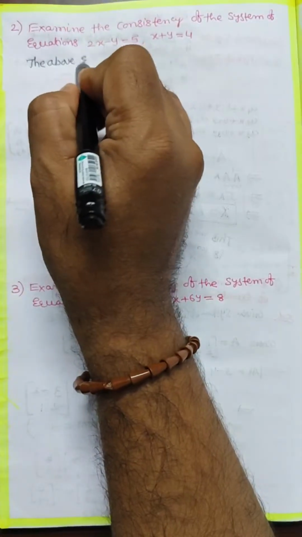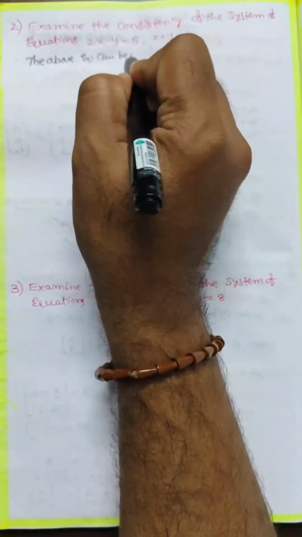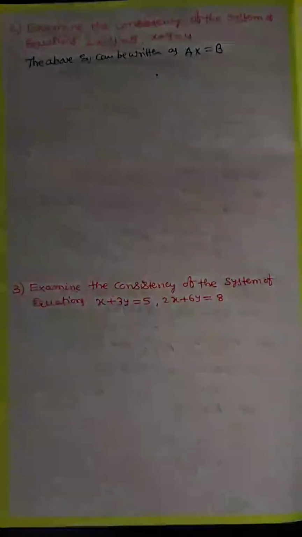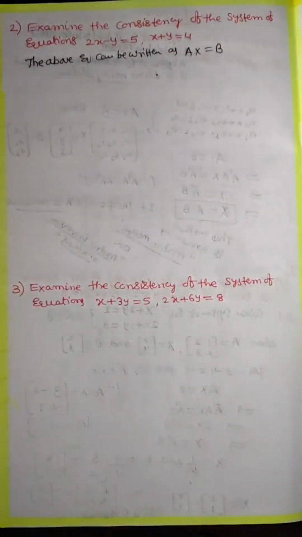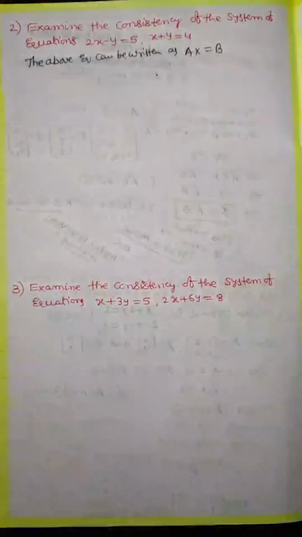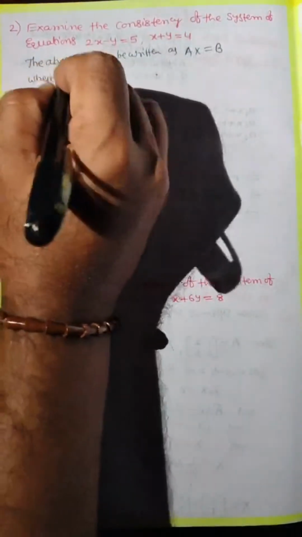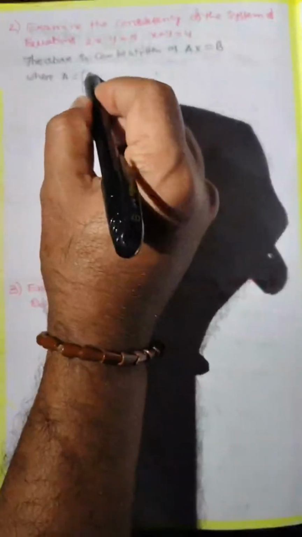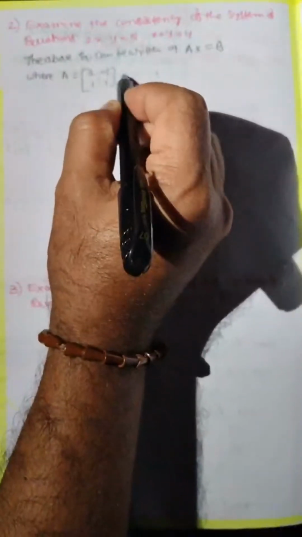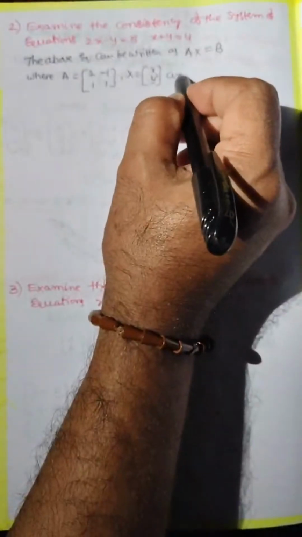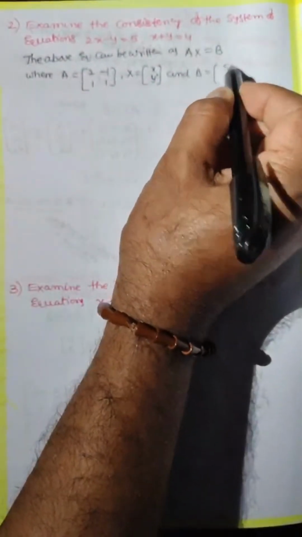The above equations can be written as AX is equal to B, where A is equal to [2, minus 1; 1, 1], X equal to solution matrix, that is [x; y], and B equal to [5; 4].